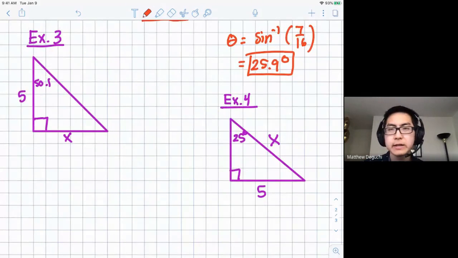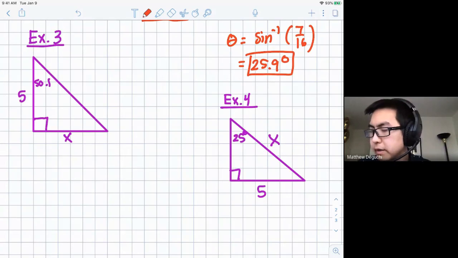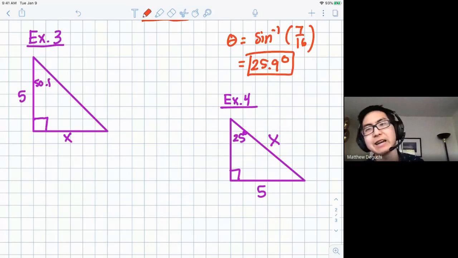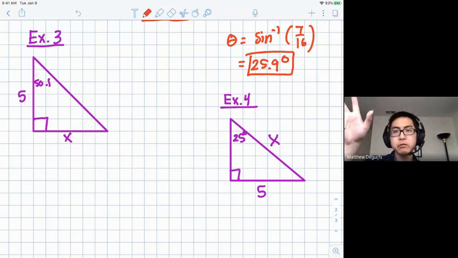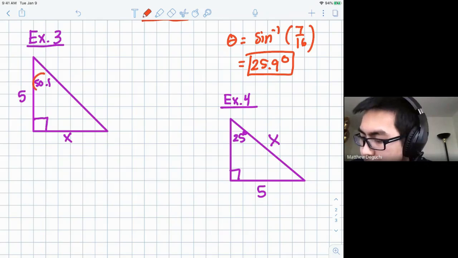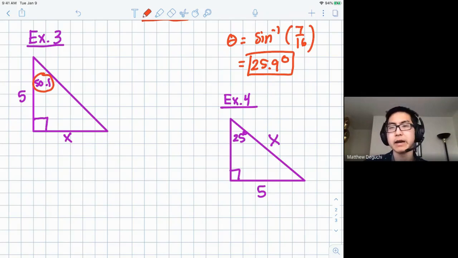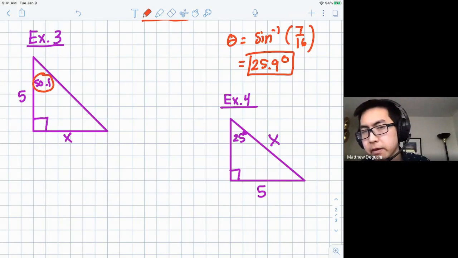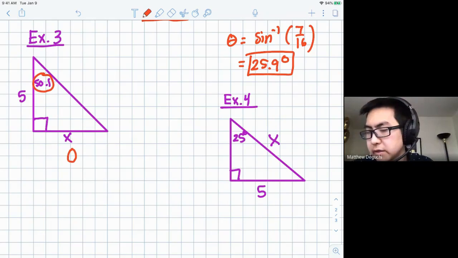Okay, we just have 2 more examples and then we are done. So in example 3, this is almost the same thing, except now you have to find a side length instead of an angle measurement. So we have to locate the angle measurement and be in the perspective of that angle measurement. In that perspective, this side is the opposite, this side is the adjacent, and this side is the hypotenuse.